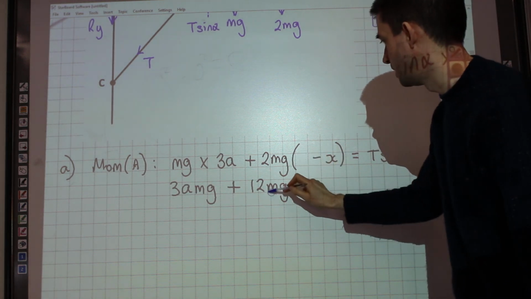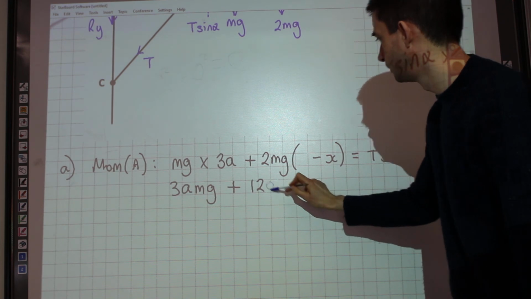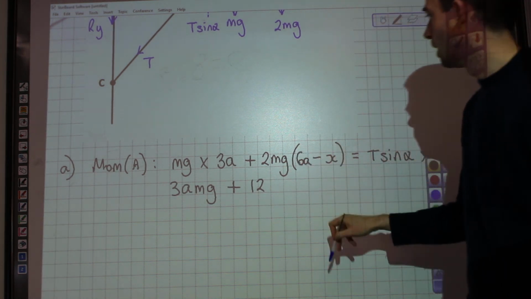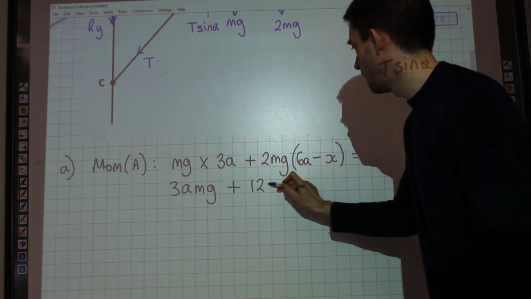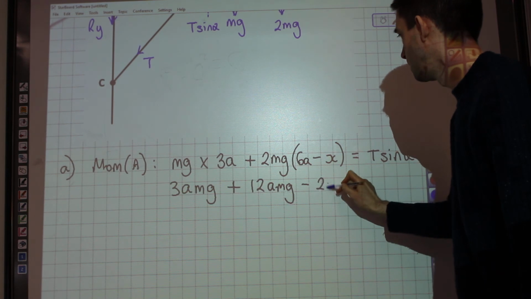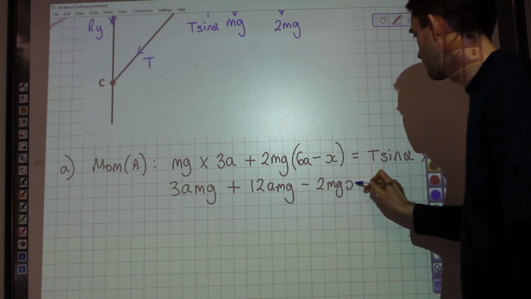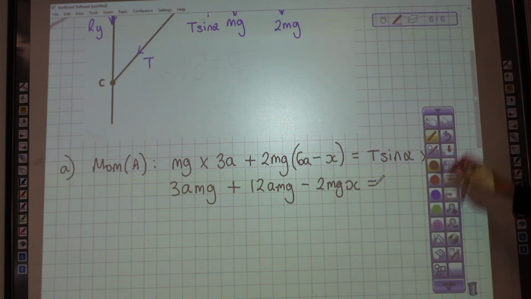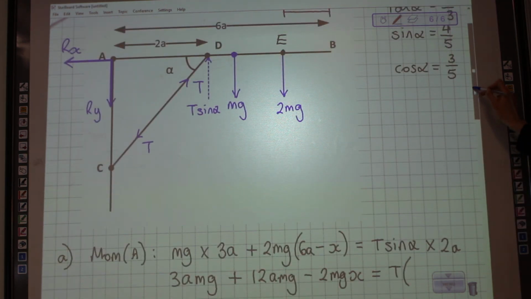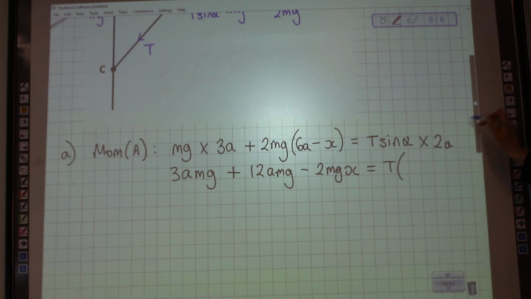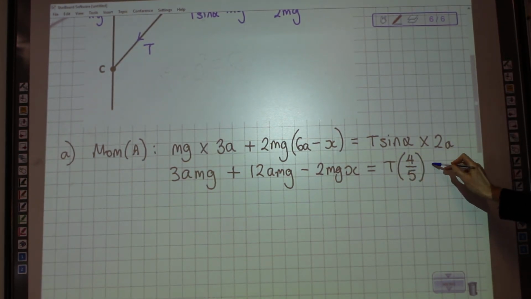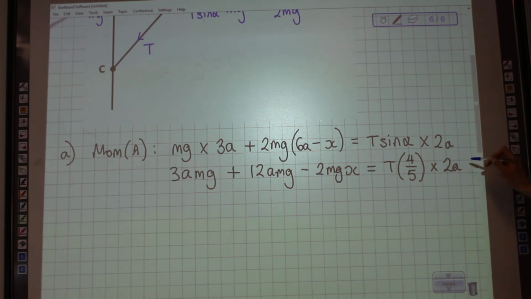Which is going to affect this, so let's change that. So I've got 12a mg minus 2mgx equals T times sine alpha, which we said was 4/5, times 2a.